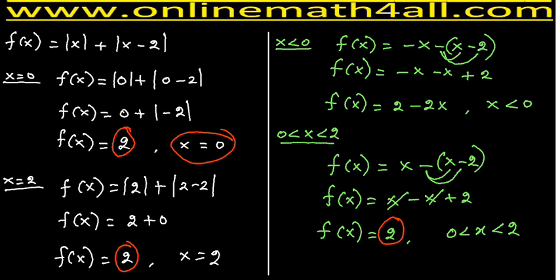So for x equal to 0 or x greater than 0 we have the same result, so it can be written as 0 less than or equal to x. It means x can be equal to 0 or greater than 0.